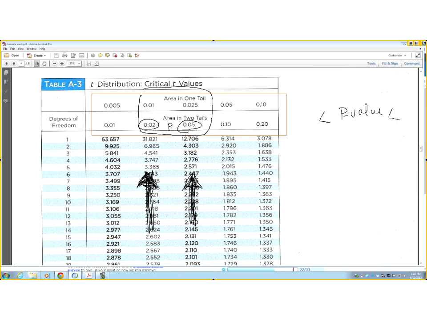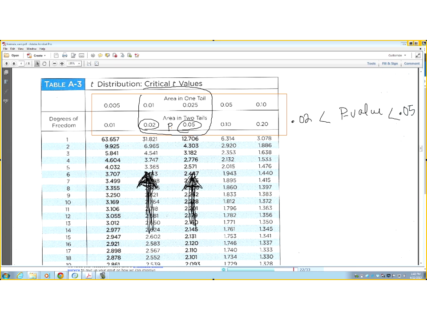Now I have to make sure the smallest is on the left, so I have to rewrite this. So 0.02 or 0.05, which one is the smallest? Okay, 0.02 is the smallest, then 0.05. So from the table, that's all I can give you, an estimate. The p-value is between 0.02 and 0.05.